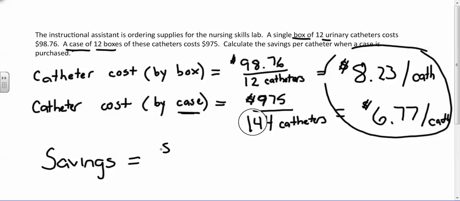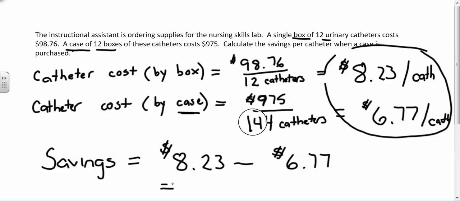So the savings would be $8.23, which was the price per catheter when they were purchased by the single box of 12, minus the price per catheter when we bought it by the case. And if we subtract those two, 8.23 take away 6.77, we get $1.46 savings per catheter.